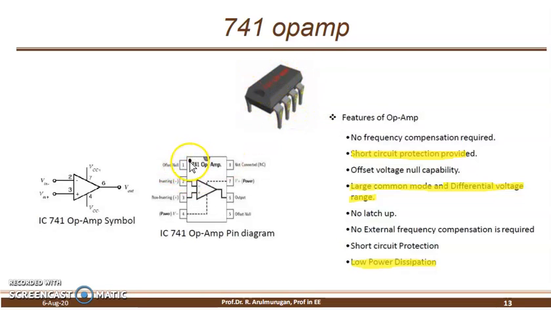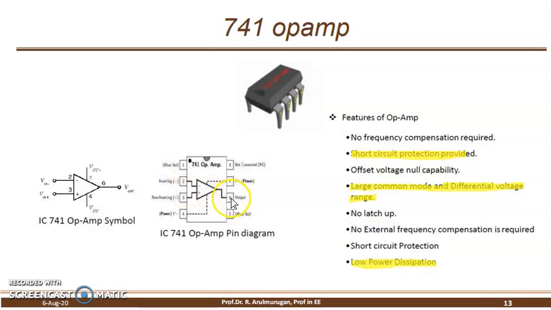Here one of the pins is the starting point, indicated as pin 1. How many pins? 8 pins: 1, 2, 3, 4, 5, 6, 7, 8. Where do I give the plus input, and where do I give the minus input? Pin number 3 is plus, pin number 2 is minus. Where do I get the output?